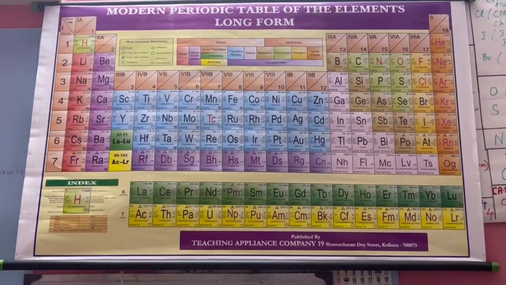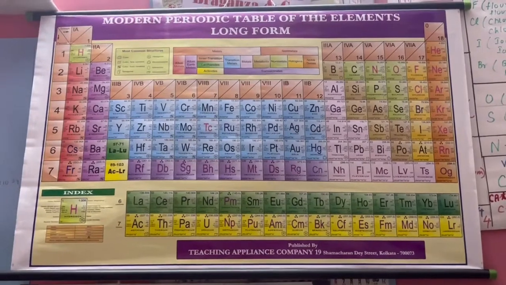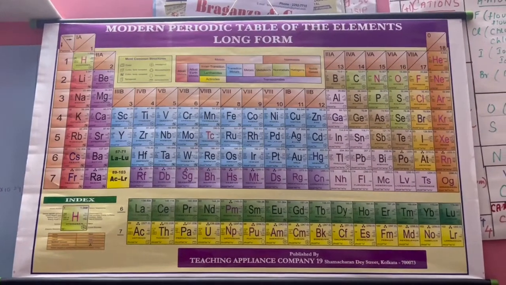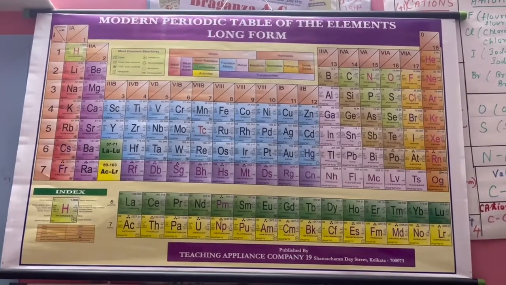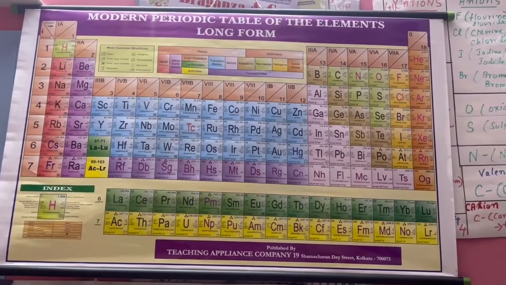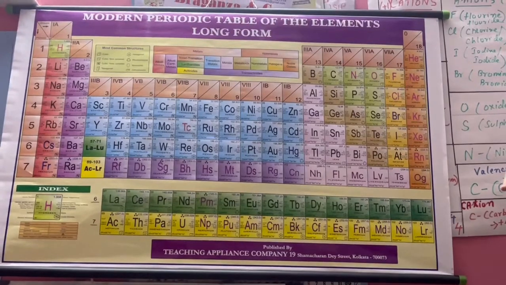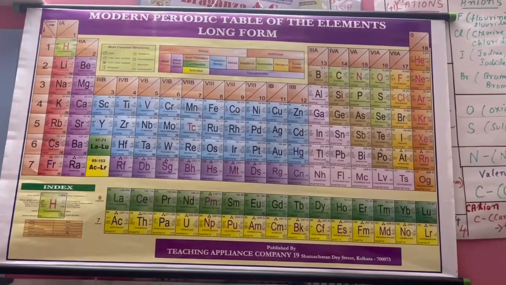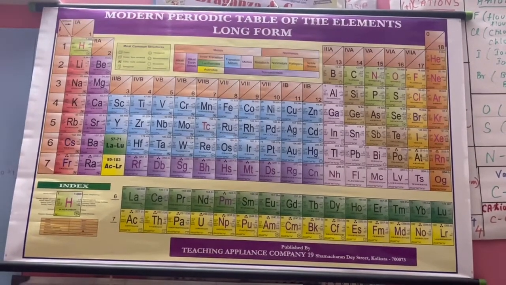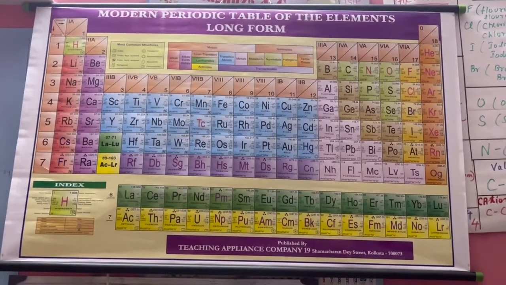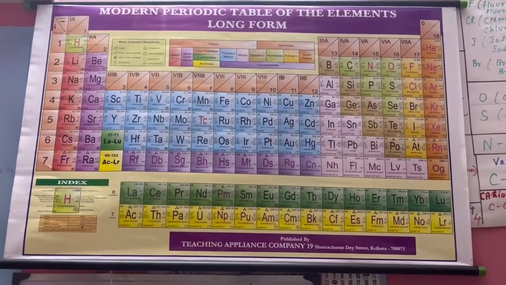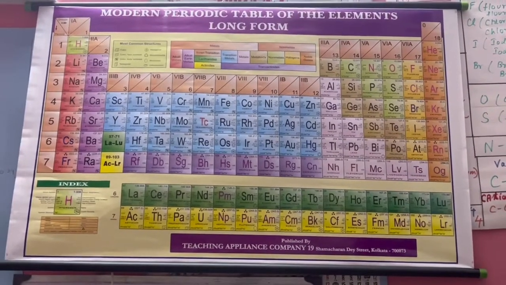In case of helium, there is only 1 shell and there are 2 electrons, so the doublet rule is complete and it is highly stable. Whereas the other shells, L, M, N, O, P, can accommodate a maximum of 8 electrons, right? So they would want to have 8 electrons in their outermost shell, but unfortunately they do not have so.